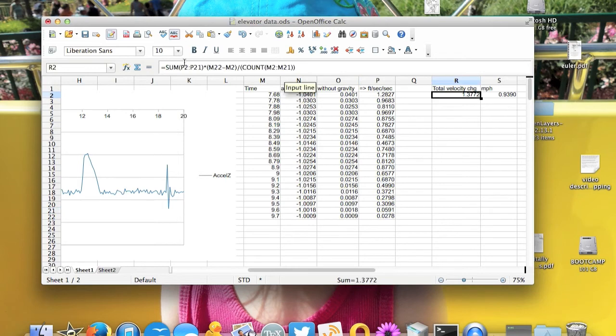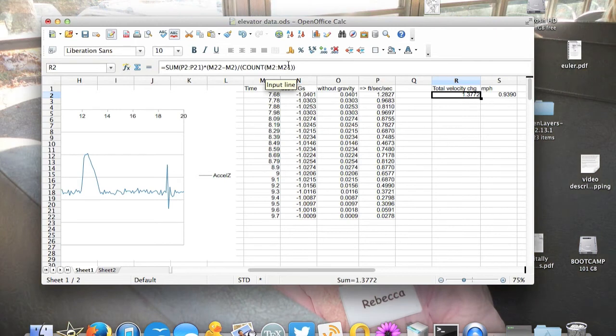That's because I'm trying to do the rectangle sum on the left endpoints. And then multiply by M22 minus M2, divided by the count. This is the B minus A over N, right? The B is this final time, the A is this original time, divided by N is that much. Anyway, this should be the value of the integral.